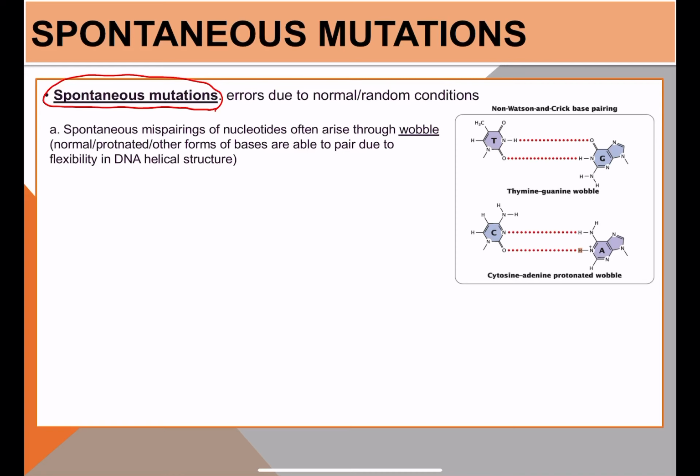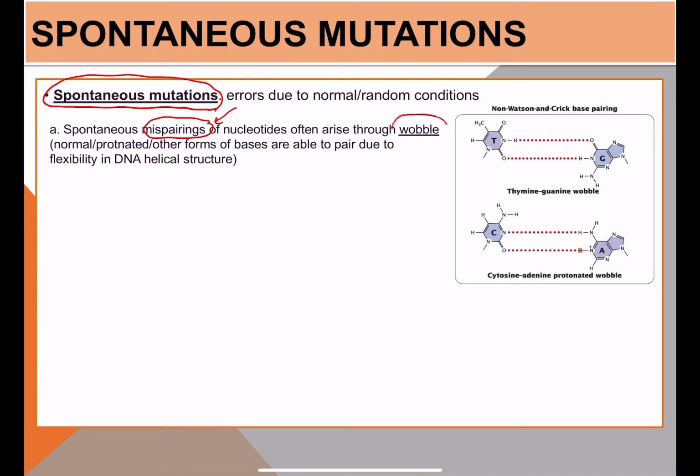And there are a couple of ways spontaneous mutations can come from. Remember that base substitution was when a wrong nucleotide was introduced into the DNA sequence. This mispairing often comes from the concept of wobble. Okay, so when we're talking about spontaneous mutation, base substitution, there's a mispairing that happens somewhere along the way.